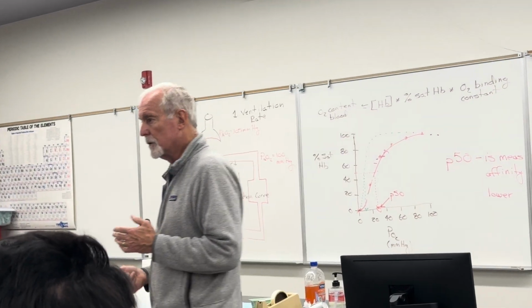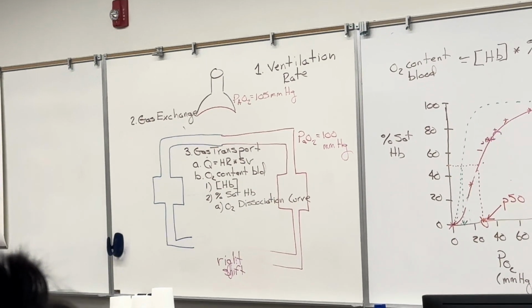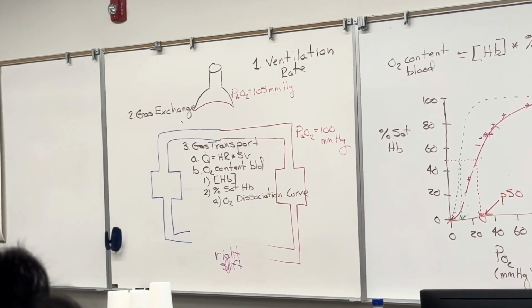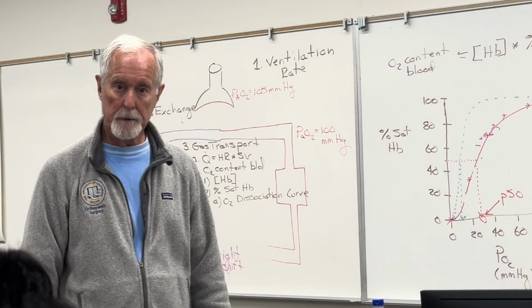So while you're working out, as I already showed you, physical activity through an increase in temperature, increased production of hydrogen ions is going to cause the curve to shift to the right, and that will decrease the affinity hemoglobin has for oxygen at the tissue level, which means at the tissue level, the P50 is a lot higher. That means that the affinity hemoglobin has is a lot lower.